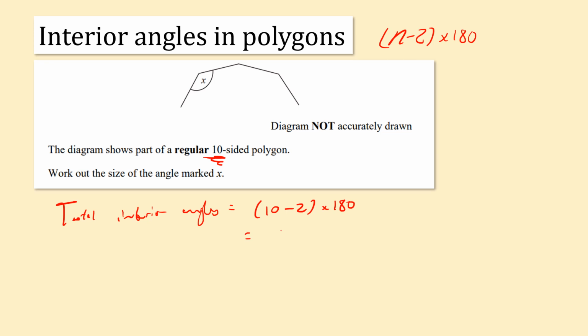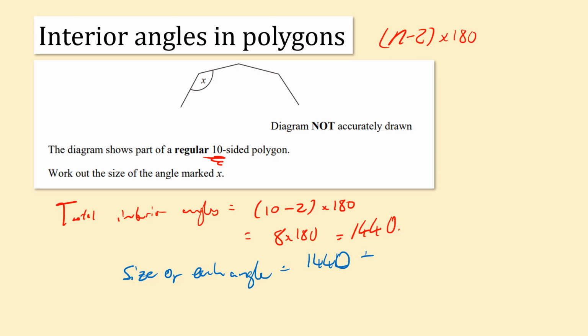So it's 8 lots of 180, and I'm reaching for my calculator here. That's 1440. So the size of each interior angle is 1440 divided by the fact that there are 10 angles, that's 144 degrees.